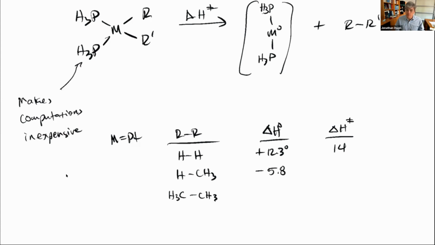So the platinum methyl bond is not quite as good as the platinum hydrogen bond. Barrier height is a little bit larger. And then finally, it's 11 kcals per mole downhill to make ethane, with a substantially higher barrier of 41.